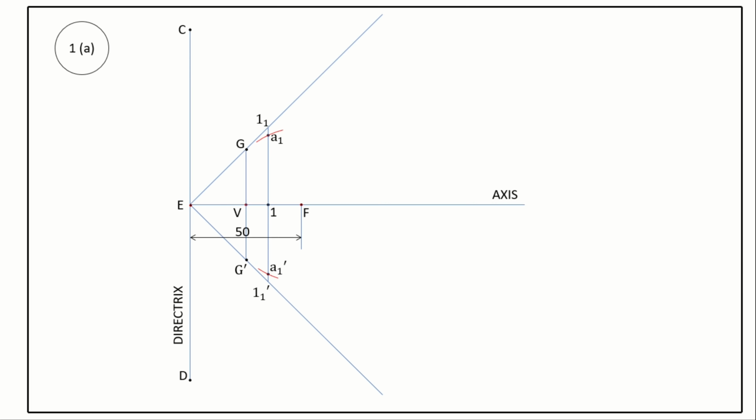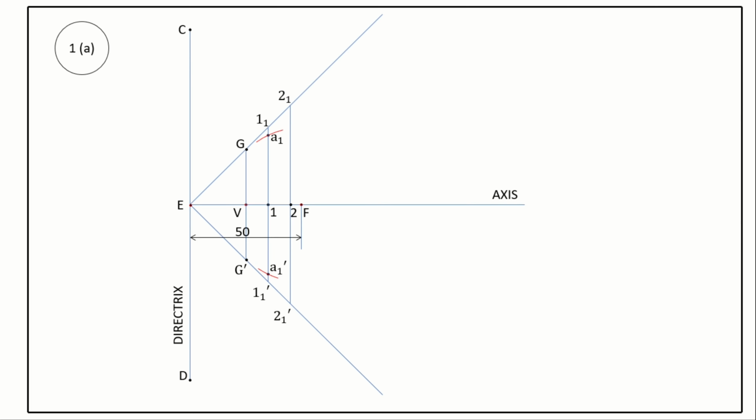Now similarly, mark another point on the axis, point number 2. So distance between 1 and 2 is 10 mm. So we will go for equal distance here. V1 is 10 mm, 1 and 2 is 10 mm. Through this point 2, draw a vertical line. It cuts the inclined line at 2 1 and 2 1 dash.